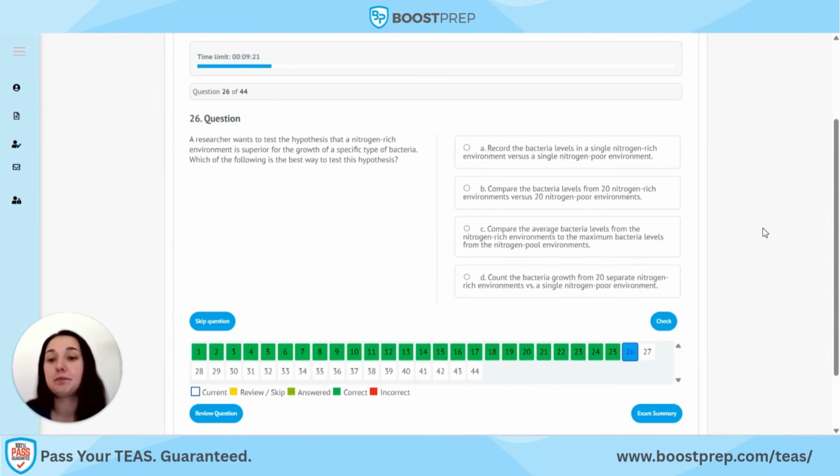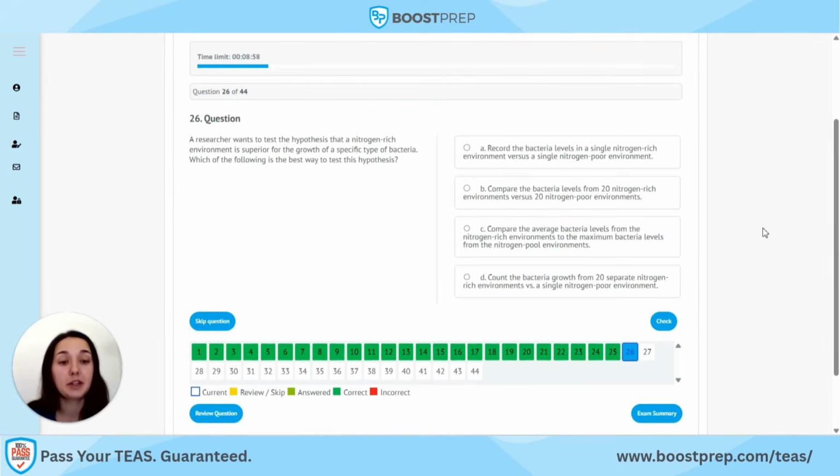Question 26. A researcher wants to test the hypothesis that a nitrogen-rich environment is superior for the growth of a specific type of bacteria. Which of the following is the best way to test this hypothesis? A, record the bacteria levels in a single nitrogen-rich environment versus a single nitrogen-poor environment.